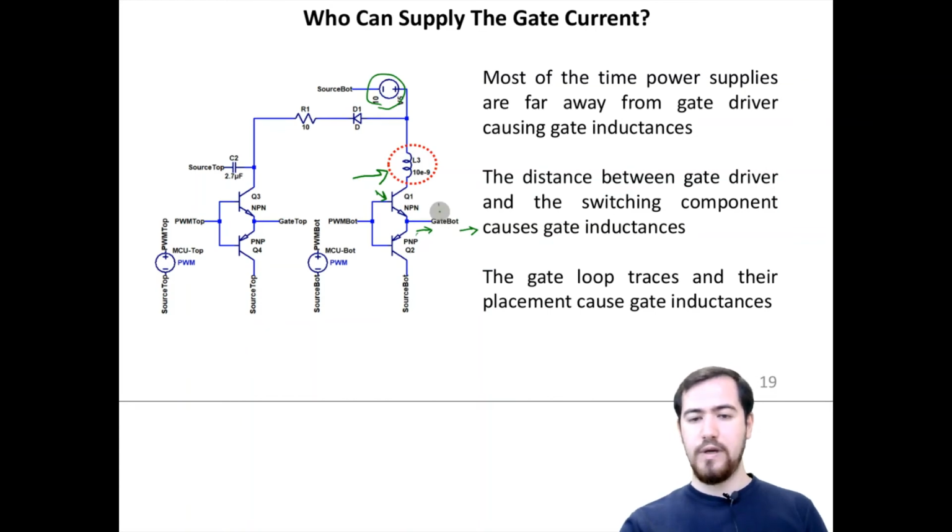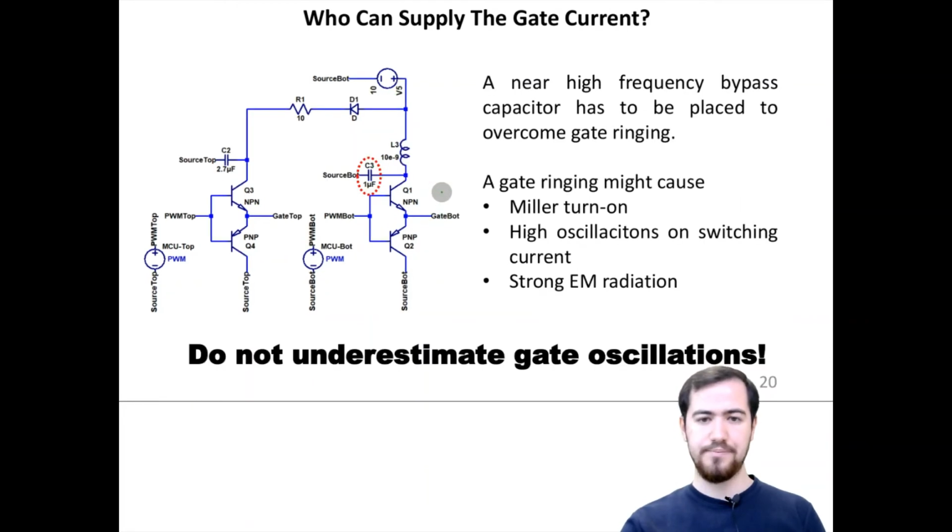The width and thickness of the traces carrying the gate current also cause some inductance, and these are the main reasons for this inductance, which causes some problems, as we will see now.